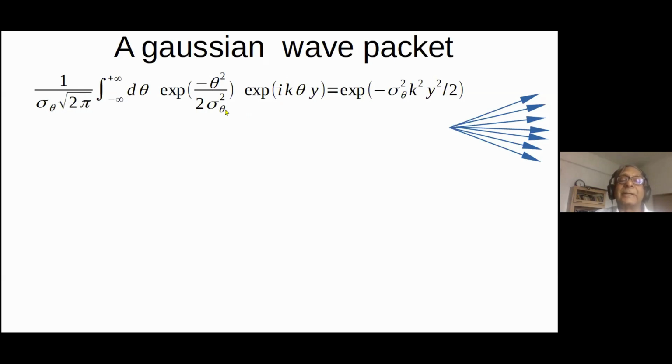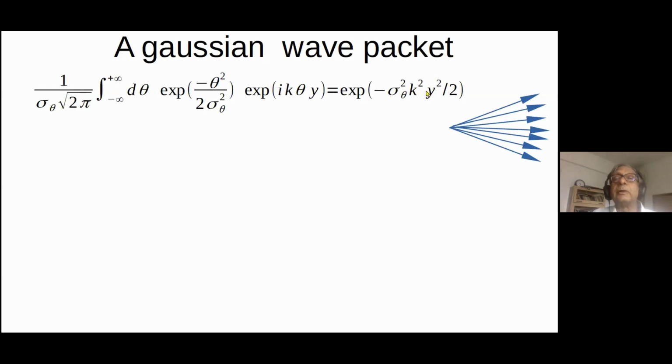The mathematical convenience is that this kind of integral involving a Gaussian gives back a Gaussian. And that is something which is explained a little more in the problem set. So the problem set is not just problems. There are some explanatory notes which will help you to understand how to do such integrals.